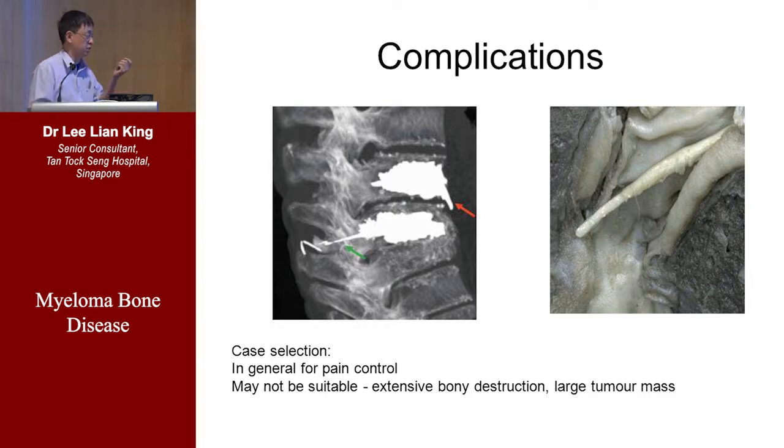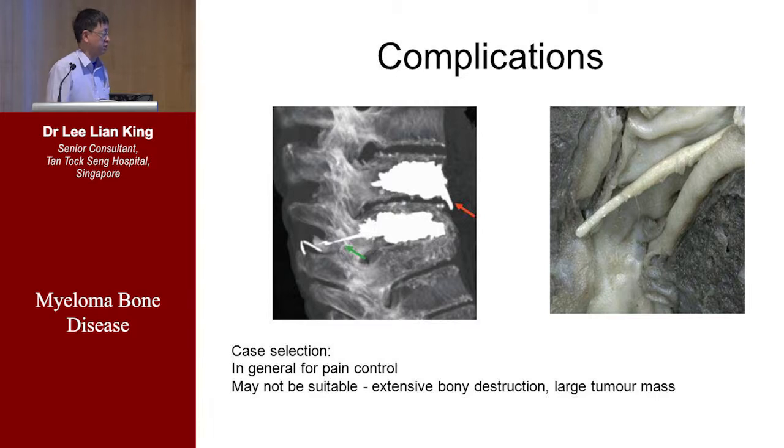The main concern with cement leaking backward is that it will press on the spinal cord and cause cord damage. Also the heat generated may cause additional damage. And not every patient is suitable for this procedure. They have to be assessed by the orthopedic surgeon.